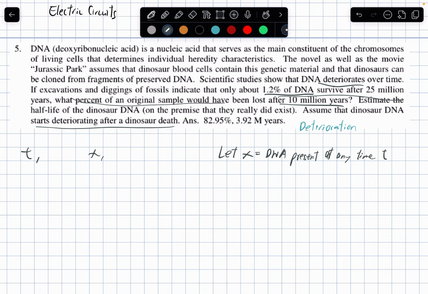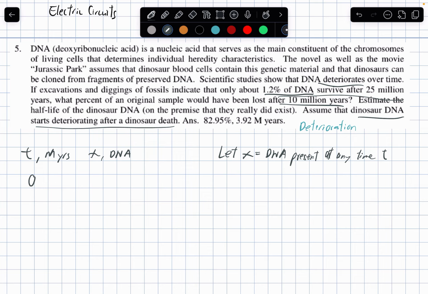So, what percent of an original sample would have been lost after 10 million years? Let's just write here DNA as the unit. For time, we're going to write years, but since this is million, let's simplify it and say million years. So we start with 0. So deterioration of DNA, we have to start right after a dinosaur dies.